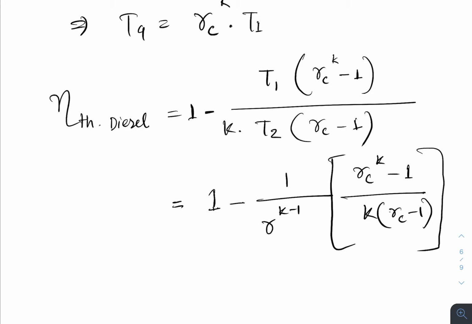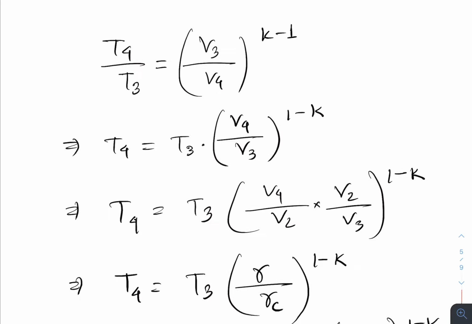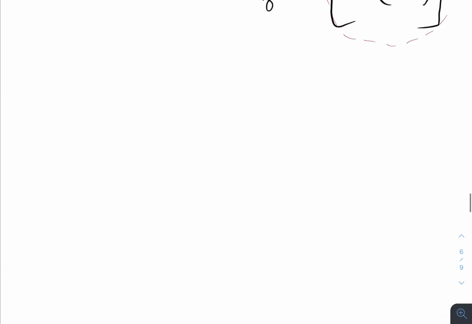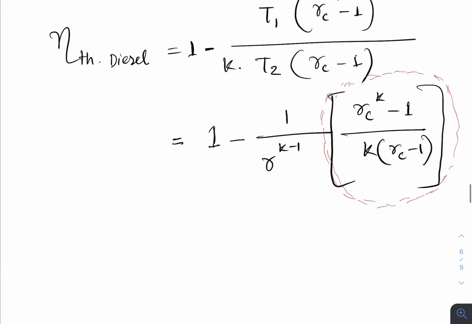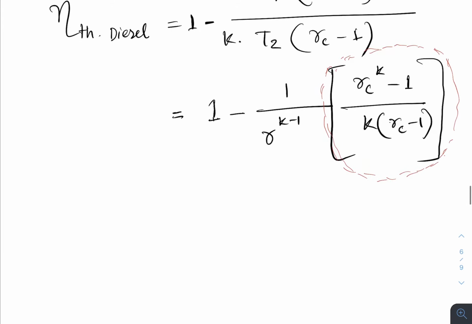From this equation we can see that if this term is greater than 1, then the efficiency of the diesel engine is going to be smaller.